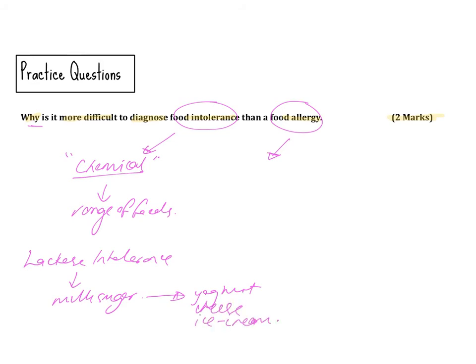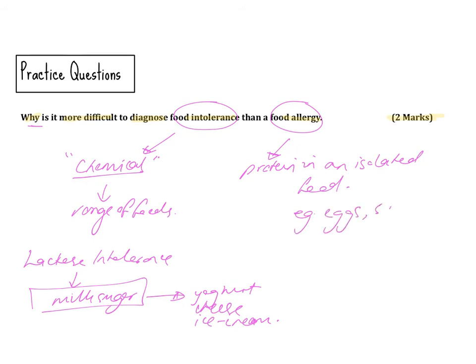Any dairy products, any milk products would contain the milk sugar lactose. However, with a food allergy, a person is responding to the specific protein in an isolated food. For example, we can look at the protein found in eggs, or the protein found in soy or even nuts.